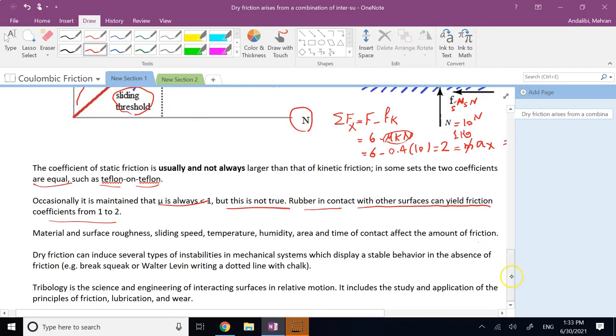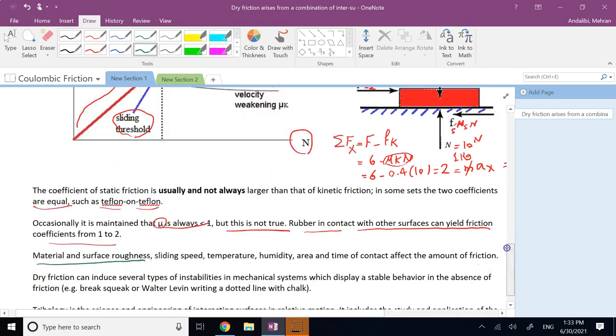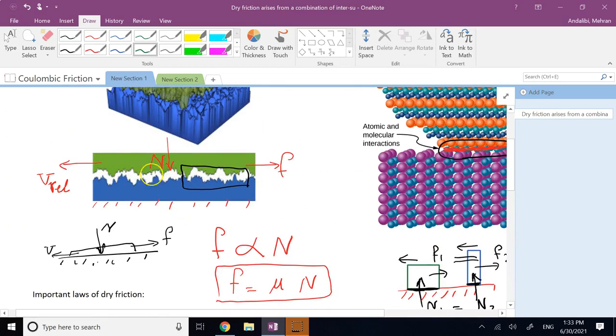Now, a few other things, terminologies that I want to talk about: first, what physical parameters would affect the value of this mu, whether it's mu s or mu k. There are several of them. Definitely the top one is the material and the surface roughness, because the rougher the surfaces, the bigger the irregularities you have to overcome, and the larger the deformations would be.